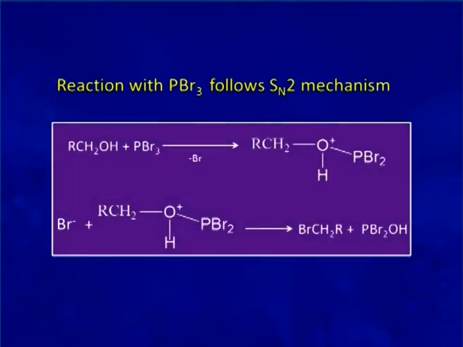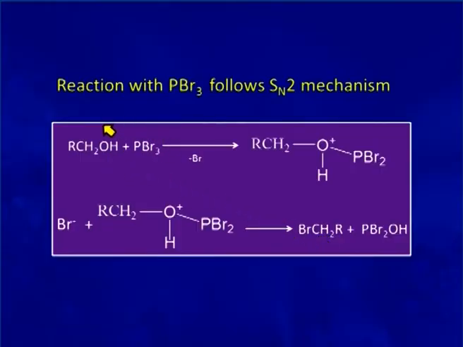In this kind of reaction, first of all, phosphorus tribromide is attacked by the lone pair of electrons and it forms a complex with the removal of bromide ion. Now, this bromide ion attacks the electron deficient carbon from the back side, resulting in the formation of bromoalkane, which is formed by the inversion of configuration.